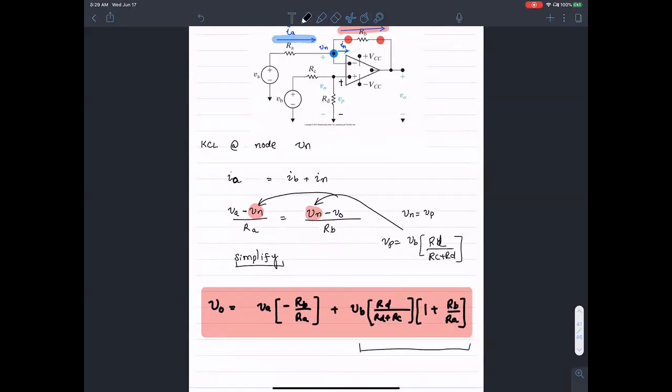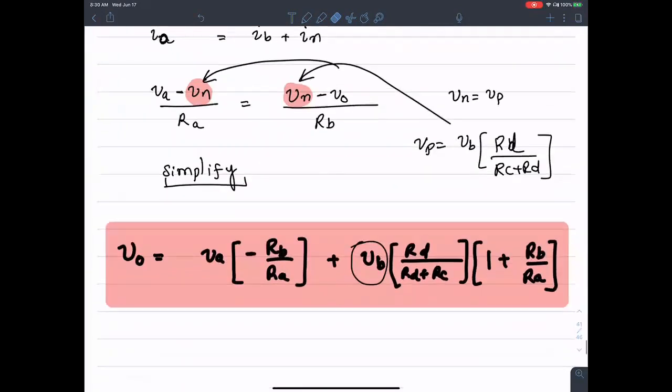What is this weird number over here? Vb is multiplied by some grotesque looking, extremely complicated looking term over there. What do you think this represents?